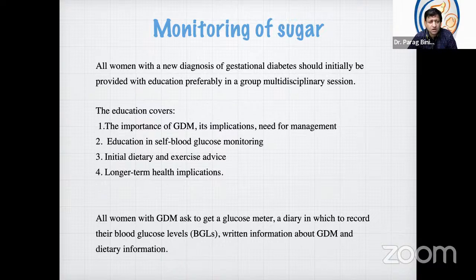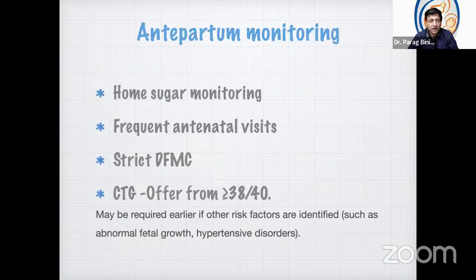So in general, all women with GDM are asked to get a glucose meter and a diary in which their blood glucose levels are to be monitored very strictly, and they should be given written information about gestational diabetes mellitus and diet that they need to follow.